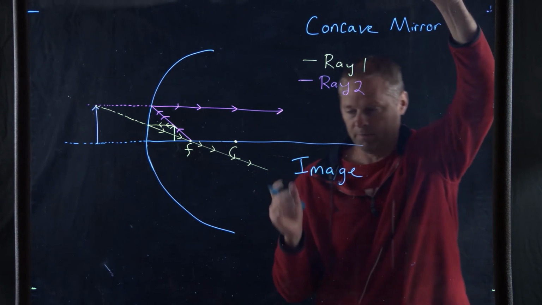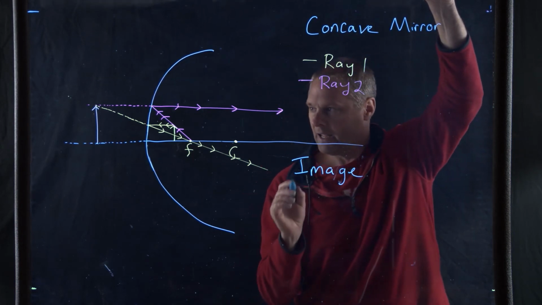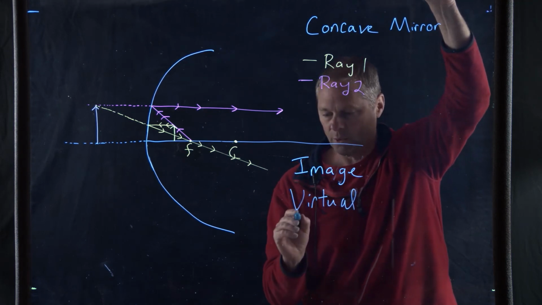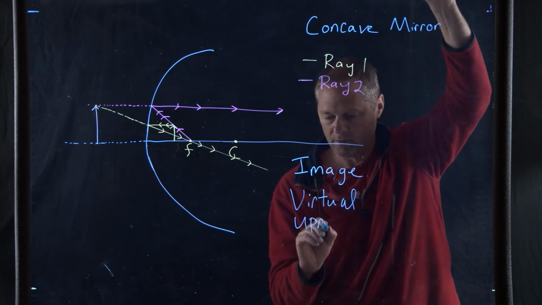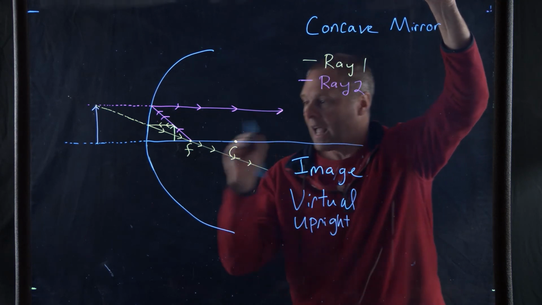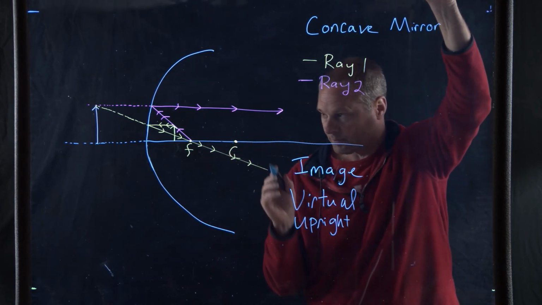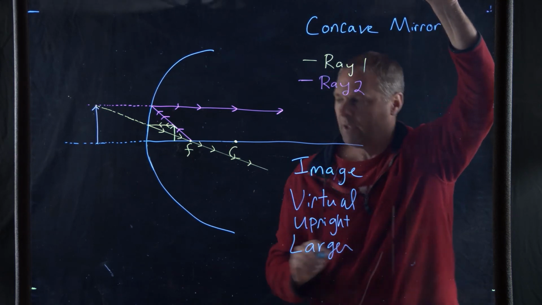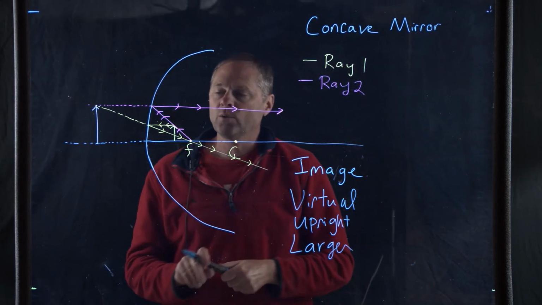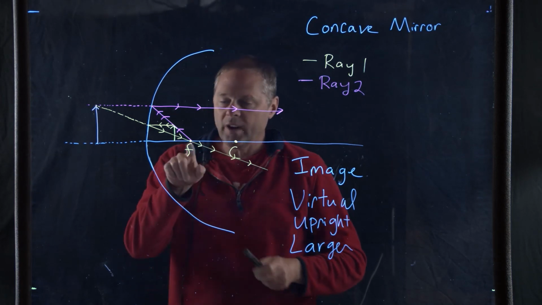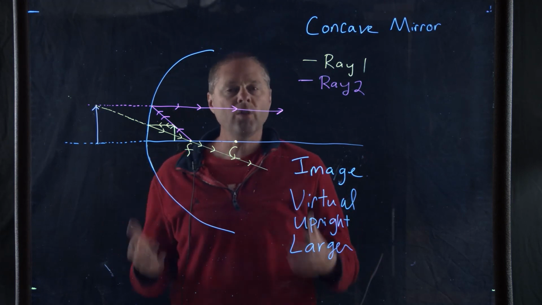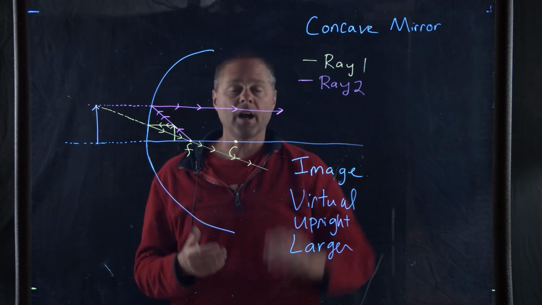The image is going to be virtual, upright, and larger. And so it depends upon where the object is in relationship to the focal point whether the image is going to be virtual, upright, real, or smaller. All of that is going to matter for a concave mirror.